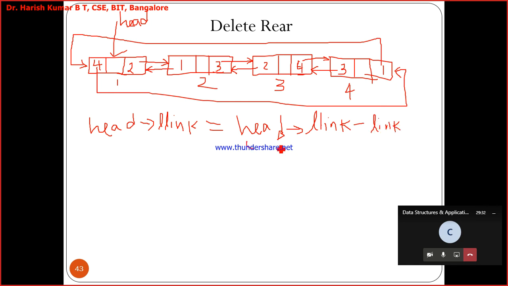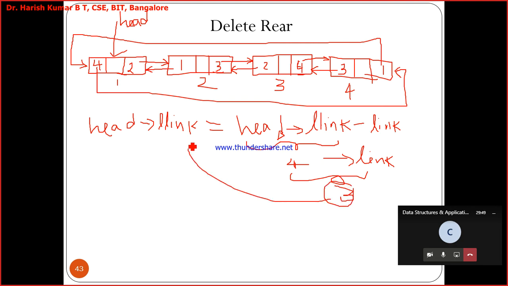So this head arrow L link is nothing but 4, and node 4 arrow L link is nothing but 3, and this 3 you are assigning to the left link. Now this 4 I am writing here only, I'll change to 3.